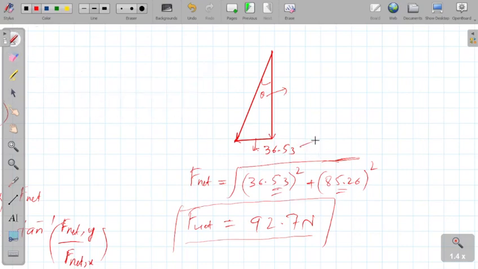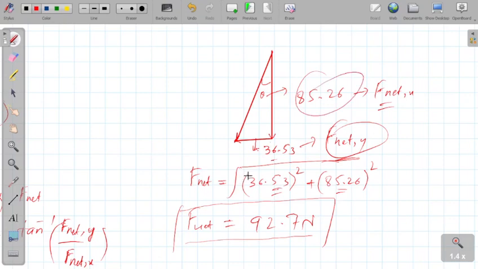According to this diagram, this is actually F net Y, and this 85.26 is actually F net X, because with respect to this triangle, this is the vertical component and this is the horizontal component.